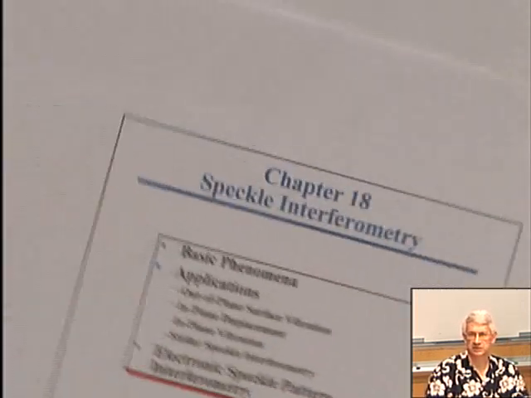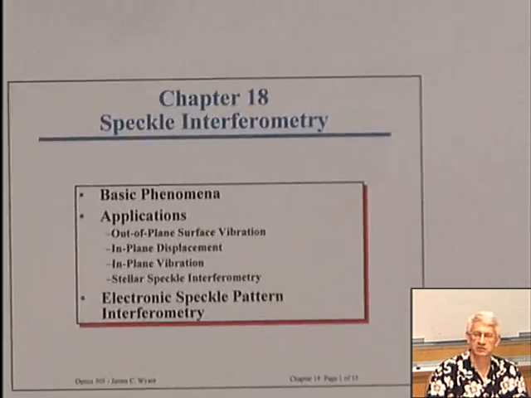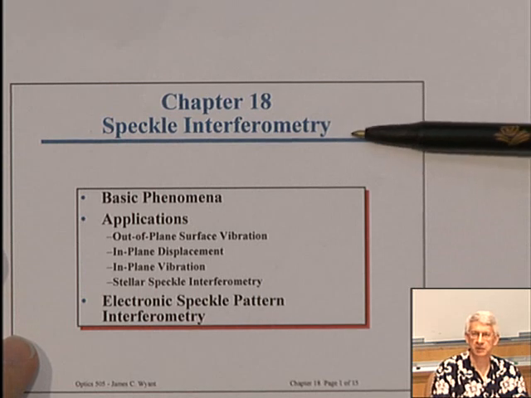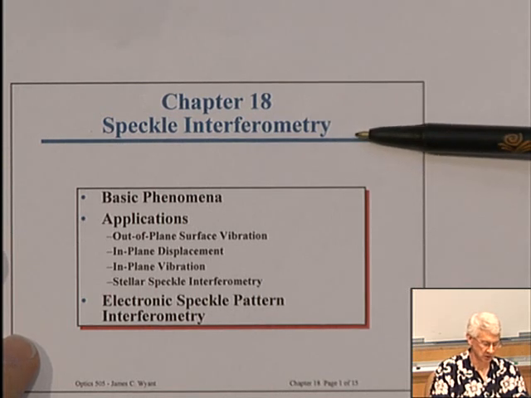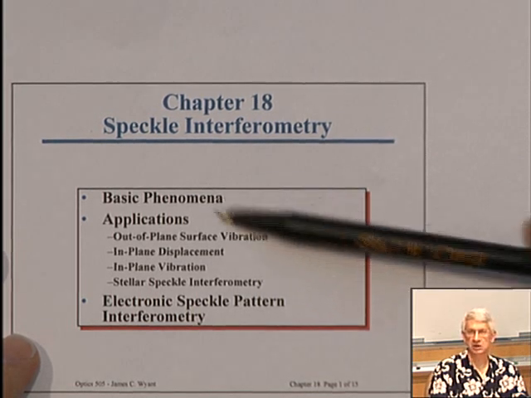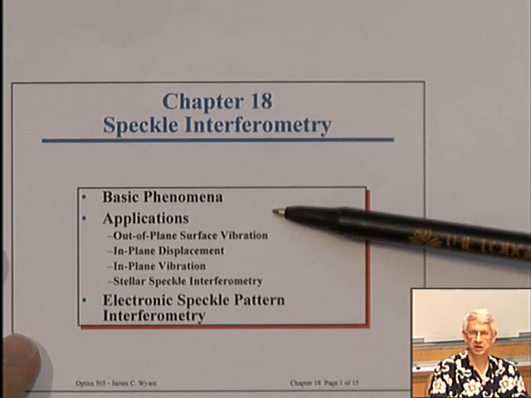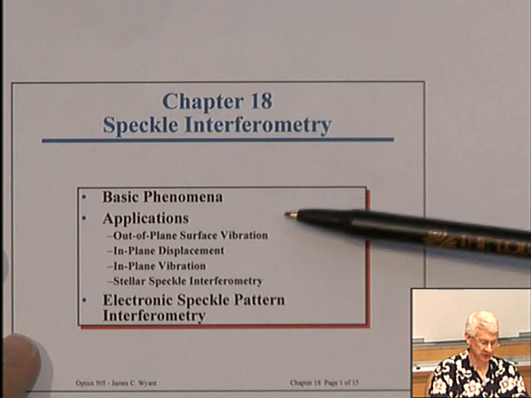Okay, now, this is an interference class also, so we have to do some work, I guess. We can actually do interferometry with speckle. So we're going to go back through a little bit of basic phenomena here, and then we're going to be talking about a couple of the applications.